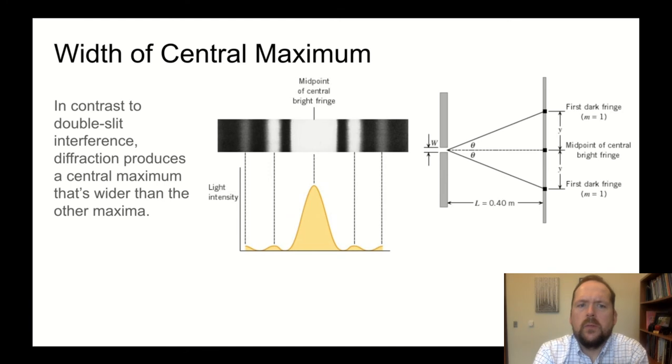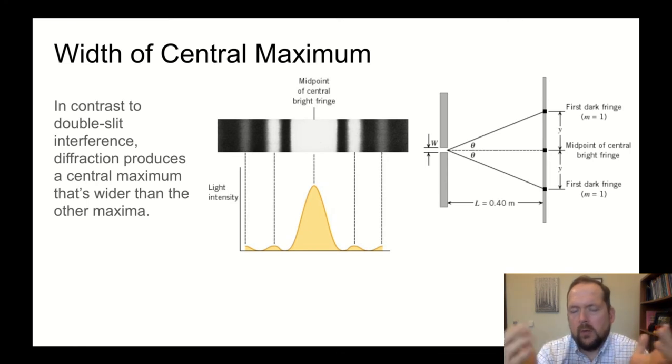In contrast to double slit experiments, when you do this single slit, again, you don't see these sort of evenly spaced interference patterns. You see a bright spot in the center that's really bright and really broad, and then your dark spot off to the side, and then a narrower and less intense bright spot, usually to the side of that, and then another dark spot, and then an even dimmer bright spot off to the side.